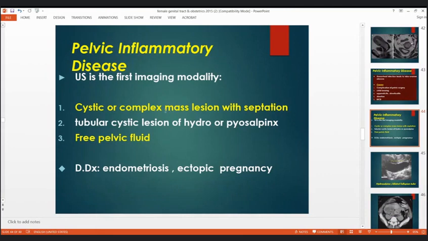Sometimes it is indistinguishable from tumor by ultrasound because it also presents as a complex mass, but the clinical picture and the lab workup will differentiate between the two, and we may see free pelvic fluid. The differential diagnosis of hydrosalpinx and of a complex adnexal lesion will also include endometriosis and ectopic pregnancy.